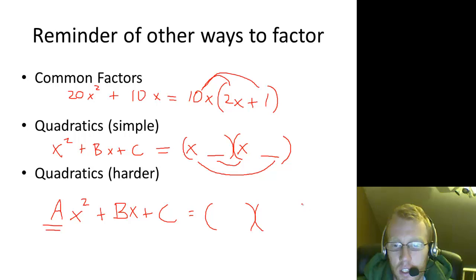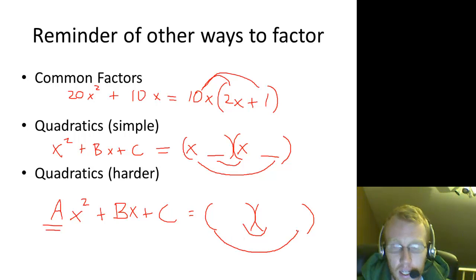You write your parentheses, but now instead of just having an x and an x, the front two numbers would need to multiply together to give you a, and still the back two numbers would need to multiply together to give you c, but the middle is a lot trickier because when you multiply your insides and your outsides, it's not just the two numbers added together because you might have had a number in the front. So if that didn't make any sense, rewatch the video on factoring to refresh your memory. But anyway, this is a review of the three ways that we've learned so far.